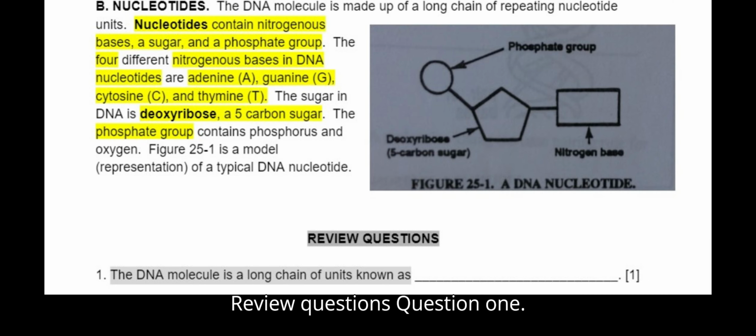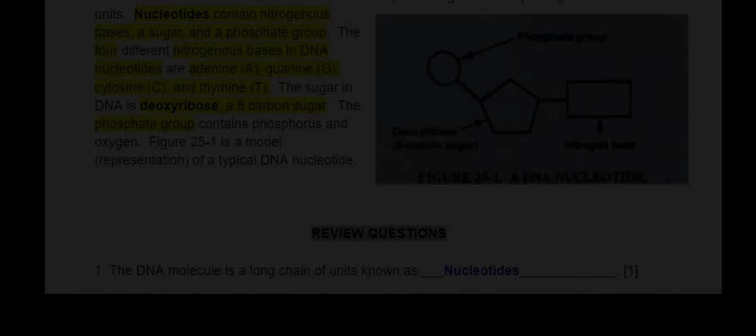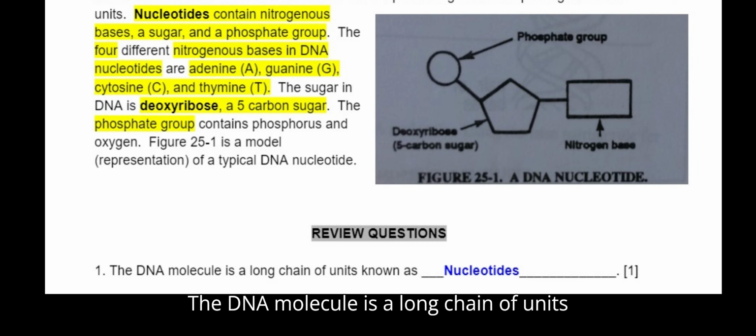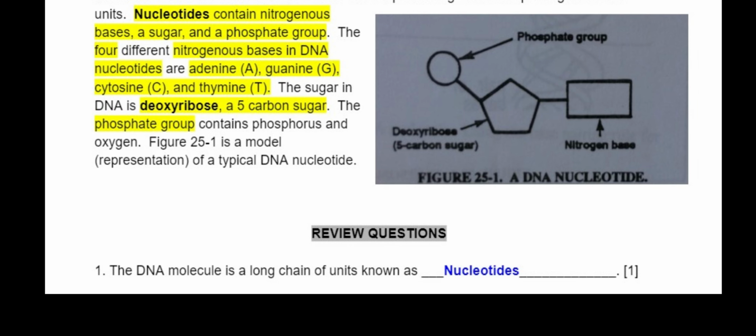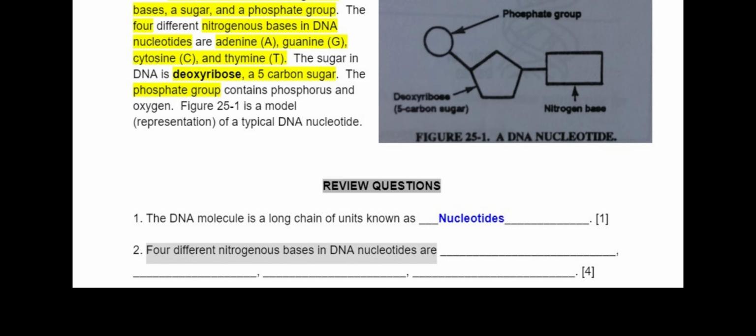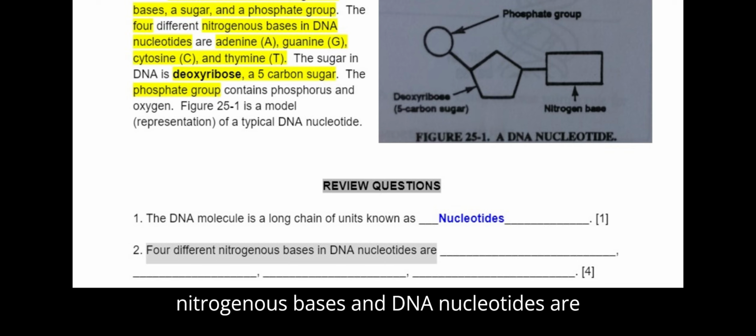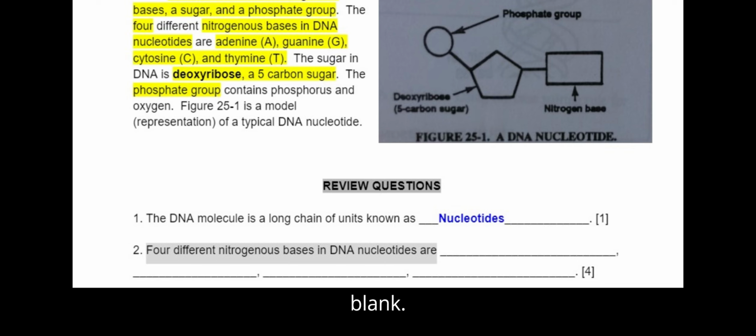Review questions. Question 1. The DNA molecule is a long chain of units known as blank. The DNA molecule is a long chain of units known as nucleotides. Question 2. The 4 different nitrogenous bases in DNA nucleotides are blank.